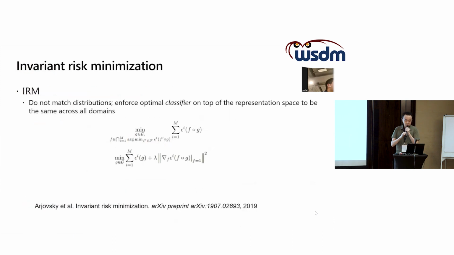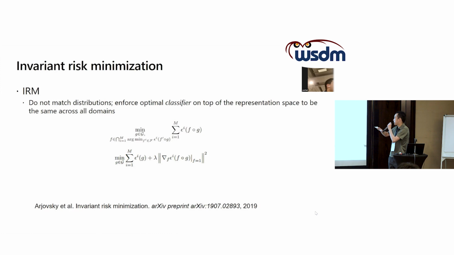Okay, maybe for another one, invariant risk minimization, which attracts a lot of attention nowadays in the community of domain generalization, but also robust learning. The idea for IRM is that we do not consider matching the distribution like domain adaptation. What we want to do is to enforce the optimal classifier on top of the representation space to be the same across the domains.